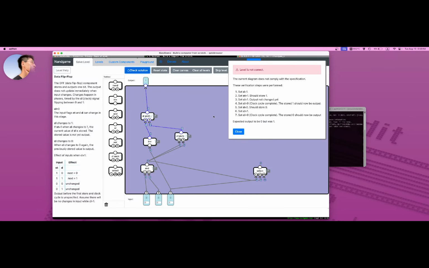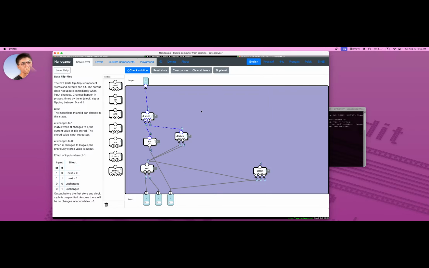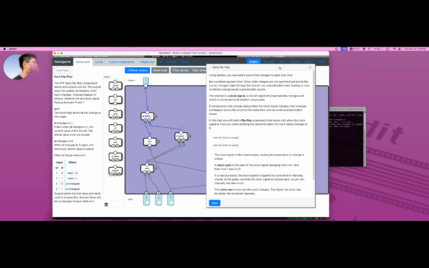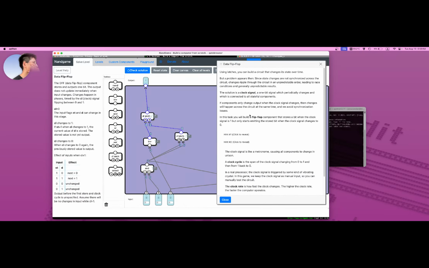Check result. No! Okay guys, I need help. Flip-flop component that stores a bit when clock signal is 1. What? When it stores and when clock is 1? Stupid.